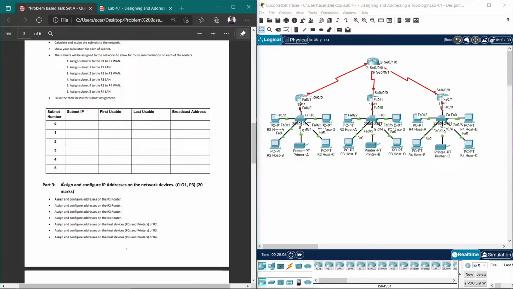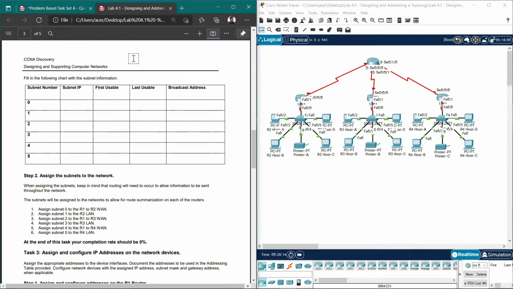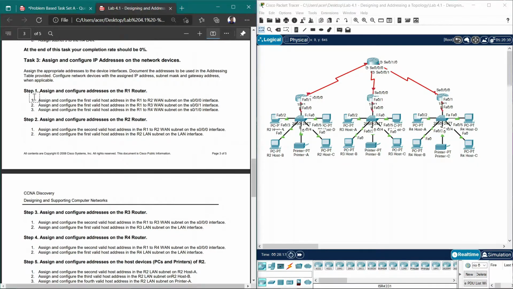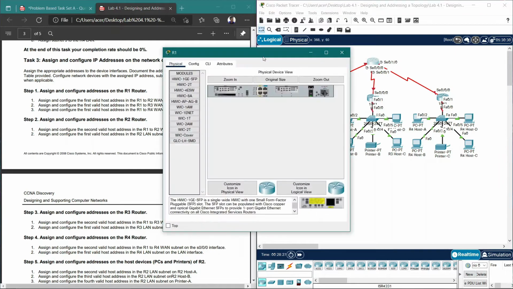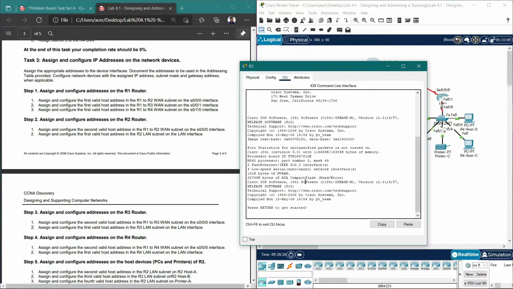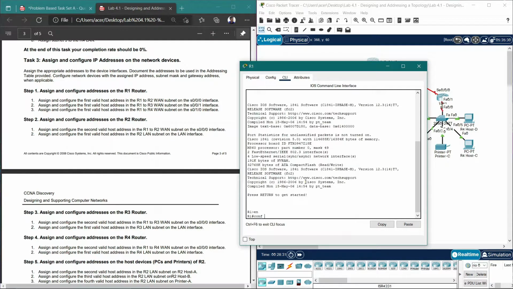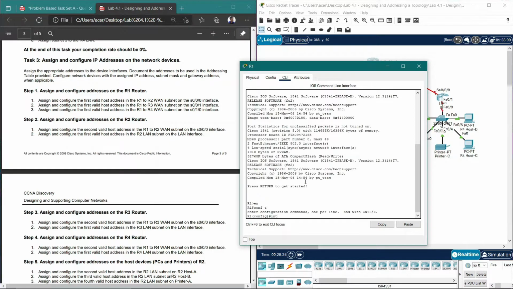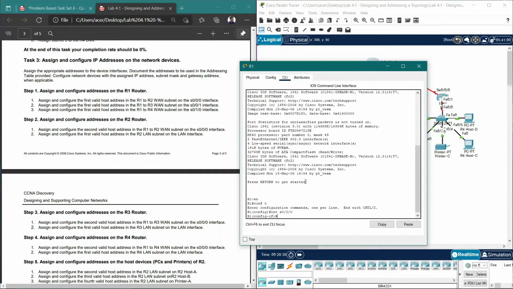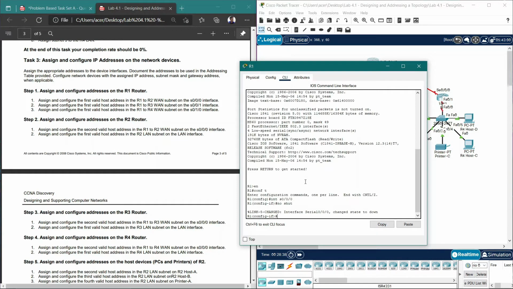The next part will be to assign and configure IP addresses on the network devices. Assign and configure IP addresses on the R1 router. For this part, I will be using the lab 4.1, and here we can see: assign and configure the first valid host address in the R1 to R2 subnet on the S0/0/0 interface. Enable, configure terminal, and the first required will be the S0/0/0 interface. No shut command.